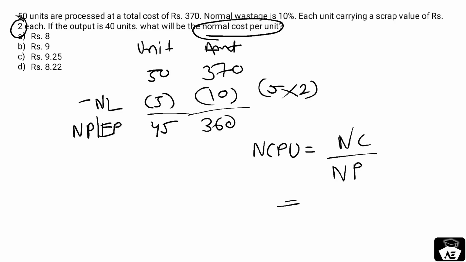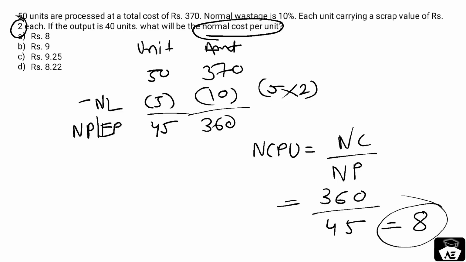So your normal cost is 360 divided by 45, that is your normal production. So you will get the correct answer, rupees 8. That will be your normal cost per unit. So here your correct answer is rupees 8, option A. Moving to next question.